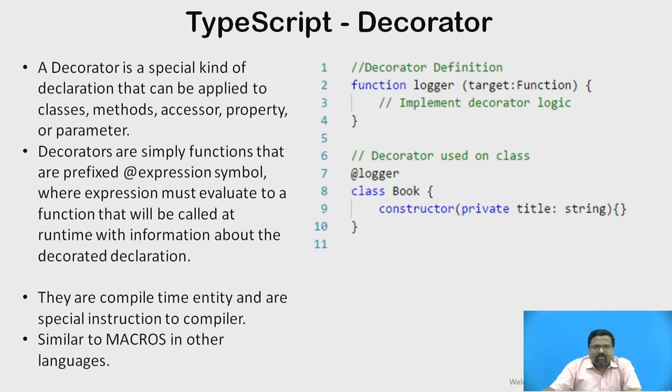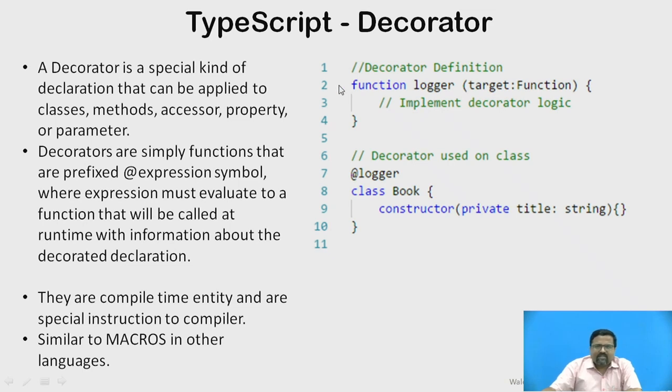And then we have the concept of a decorator, and the decorator is similar to the macro that we use in the C++ language, where you assign the decorator above the functions or the class. Before compilation, this decorator will be converted into a function, and whatever class or constructor you have decorated will be passed as an argument, and then you can implement certain decorator logic in the body of the function, and that will be executed.